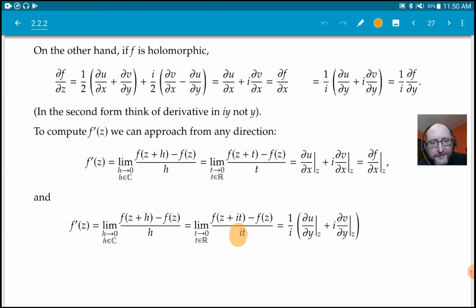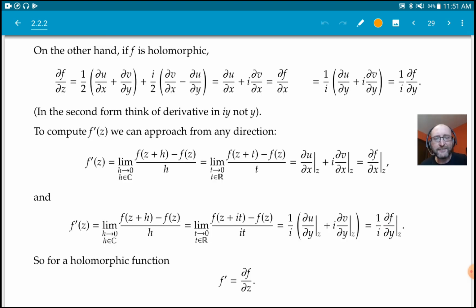But notice that if I want to make it the y derivative, this i has to go out. So I have this 1 over i, and that's this 1 over i right over here. So that's why I get this formula. I get either this formula or this formula. In either case, these are equal to df dz.